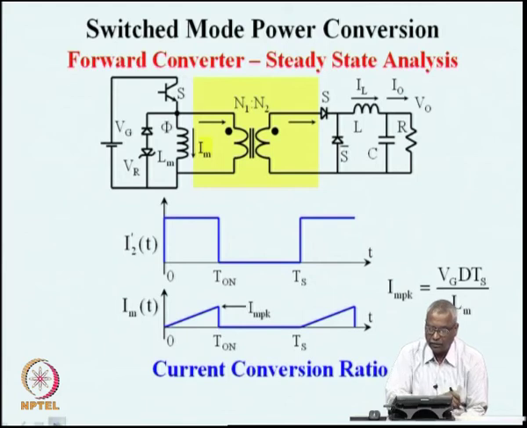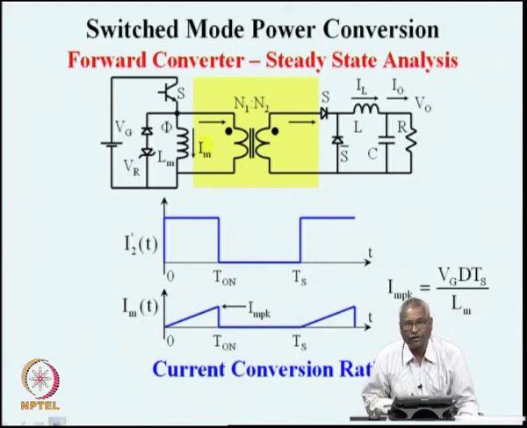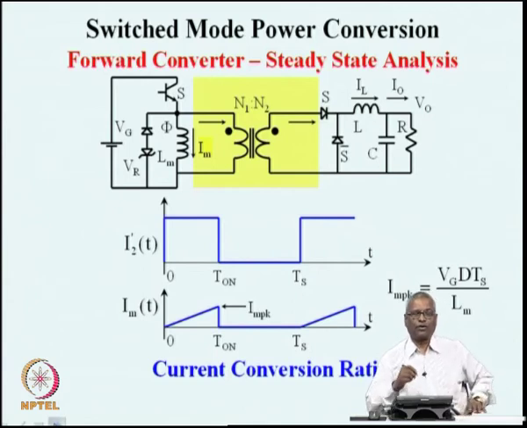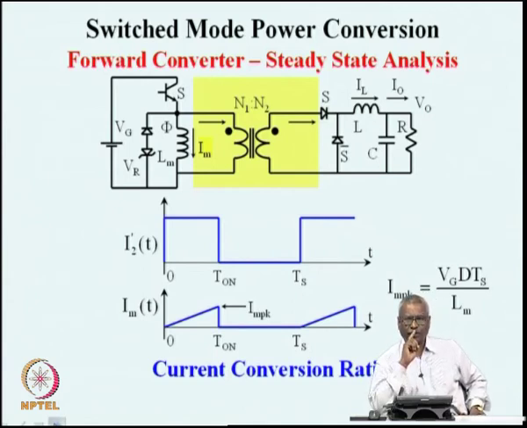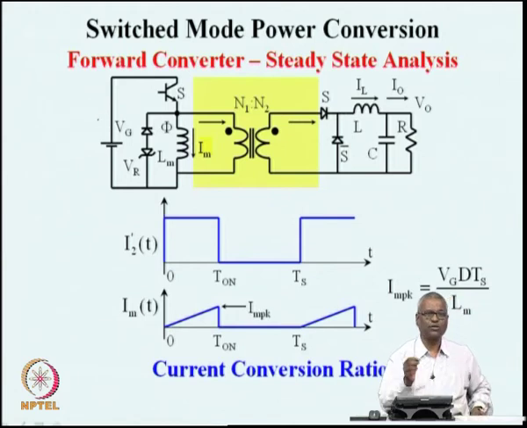Now, we can try to see what happens to the current conversion ratio. Earlier, for all the converters that we looked at, the current conversion ratio did not change at all, because we had never come across up to now any converter which has a shunt non-ideality. We had series non-idealities of switch, diode, resistance, and so on.